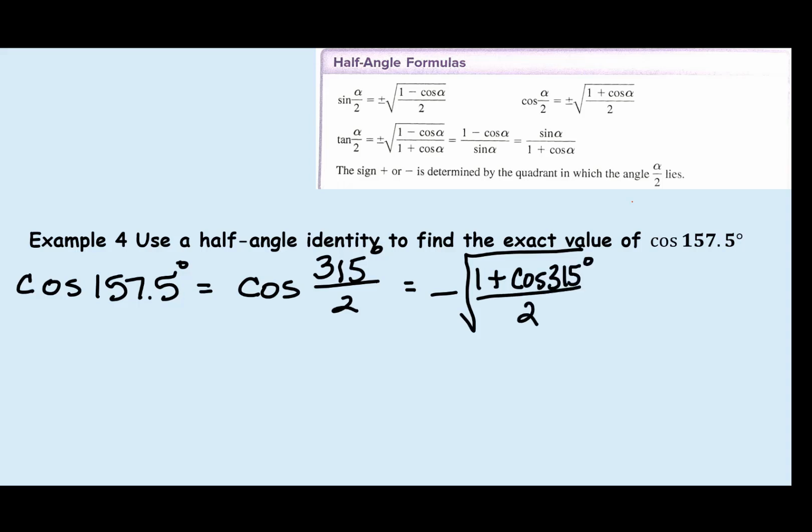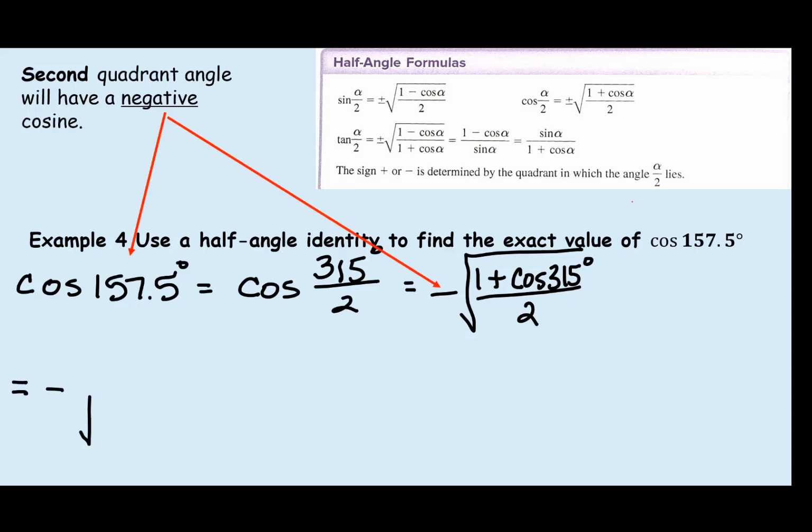And I put a negative sign in there because it's a second quadrant angle. 157.5 is in the second quadrant. And so that means cosine is negative because that's where cosine is negative. So that's going to be negative square root of 1 plus cosine 315, which is square root of 2 over 2, all over 2.